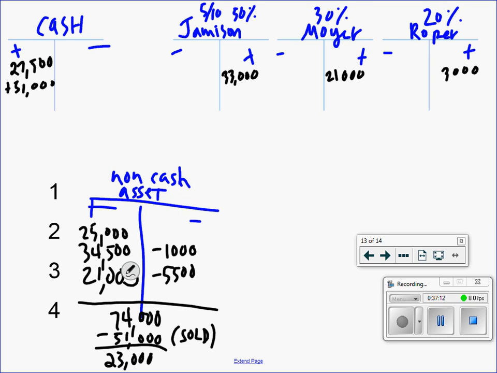But we're experiencing a $23,000 loss. As we figure out taking that hit, are they going to share that hit equally, or is there a ratio division here? It's a ratio division. Jameson's going to take 50% of that hit. So 23,000 times 50% is what, 11,500?